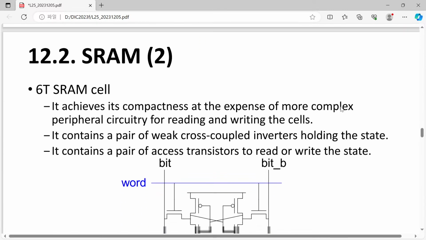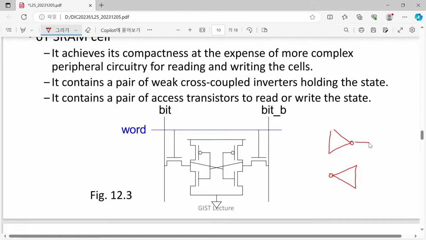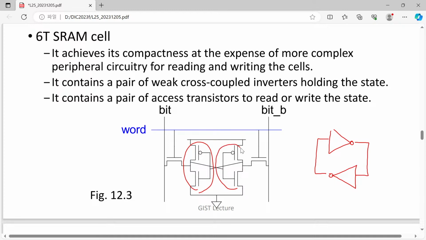Okay, so now this is the standard cell called the 6-transistor SRAM. Although it looks quite complicated, basically it is just a loop of inverters. Here you can say that this is one inverter and another inverter, and they make a feedback loop.